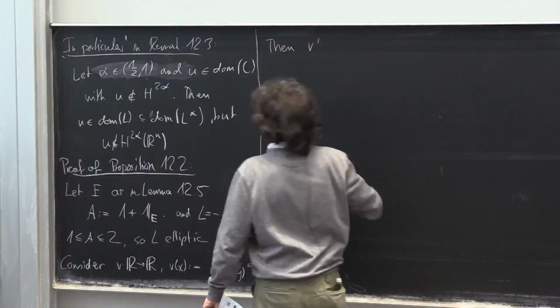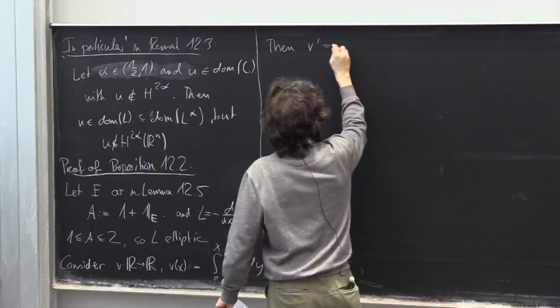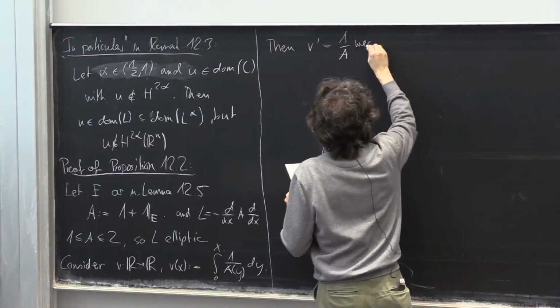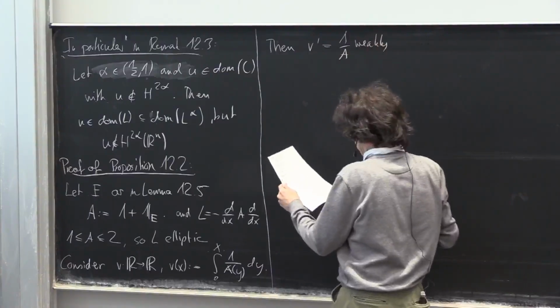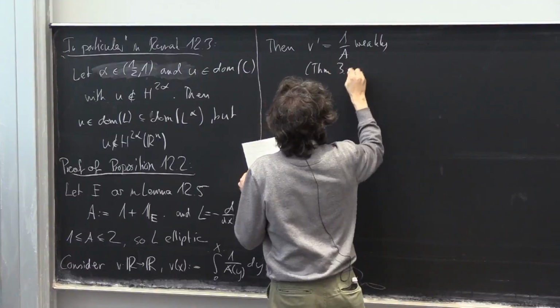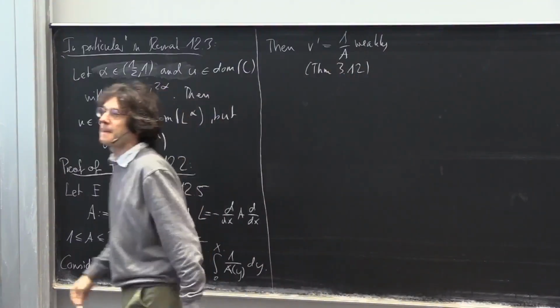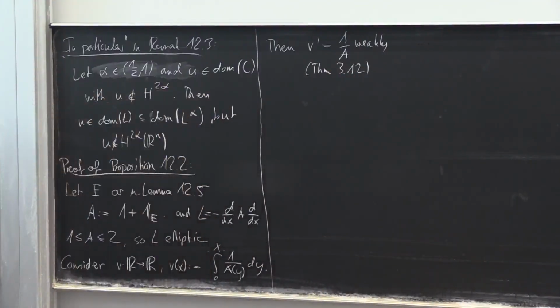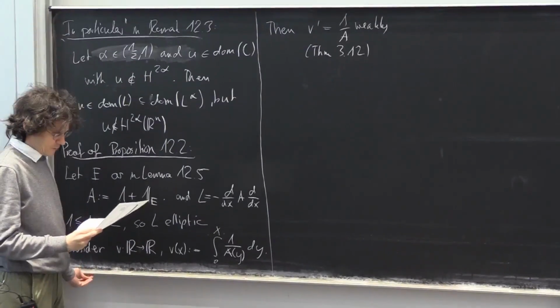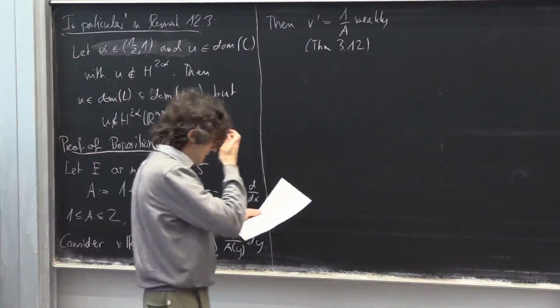So v has a nice weak derivative, and the weak derivative is 1 over a. This was shown in Theorem 3.12. So v is weakly differentiable, and the derivative is 1 over a.